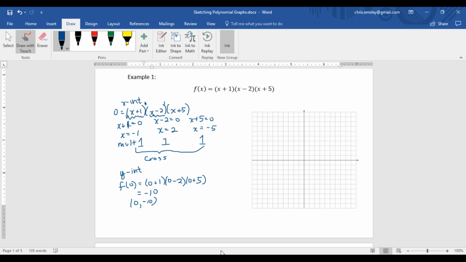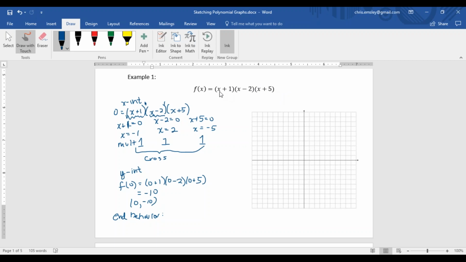Okay, finally, the last thing we want to consider is our end behavior. So we have to figure out what our leading coefficient would be. In this case, you might say, well, x is raised to the first power, but that's not what we're looking at. We need to think about what would happen if we multiplied this back out, if we expanded all these parentheses. Now, we're not actually going to do that because that's a lot of work and we don't really need to.